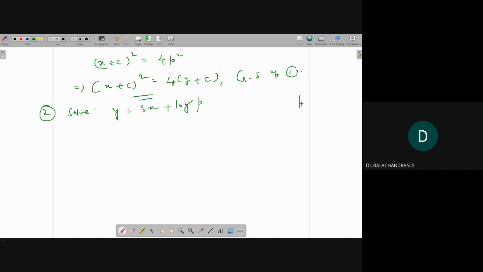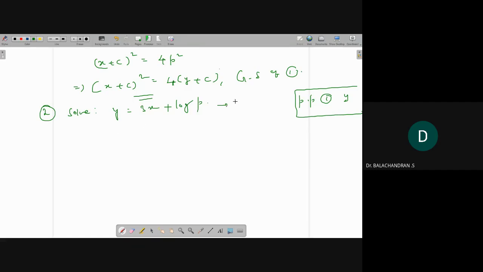Practice problem 1: you should solve the same problem by solving for y. So please note down. Now 3x equal to y minus log p, or you can keep it as it is, no problem.